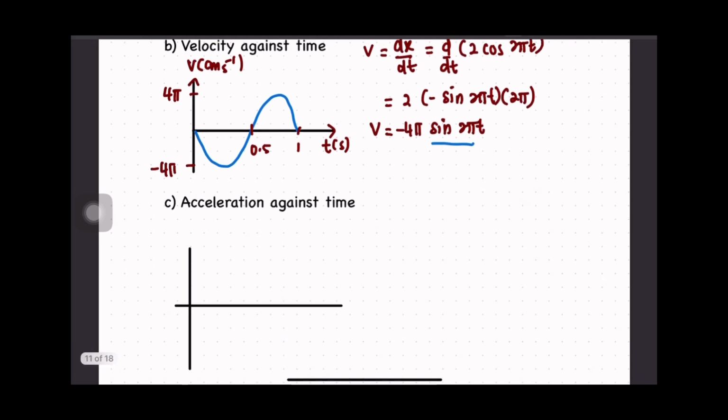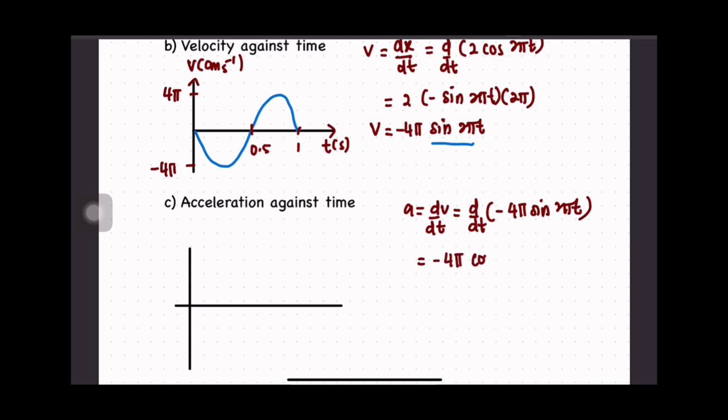Okay, so next, acceleration against time t. So the acceleration equation is a equals dv per dt. So d per dt of the v equation, negative 4 pi sine 2 pi t. So you will get negative 4 pi.